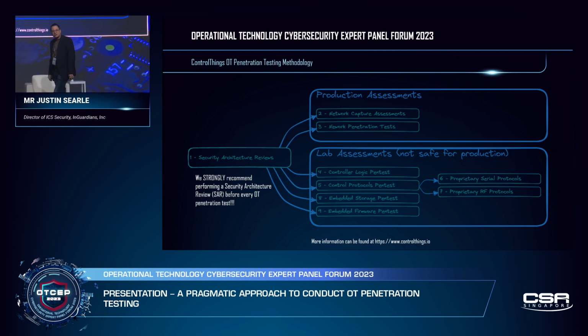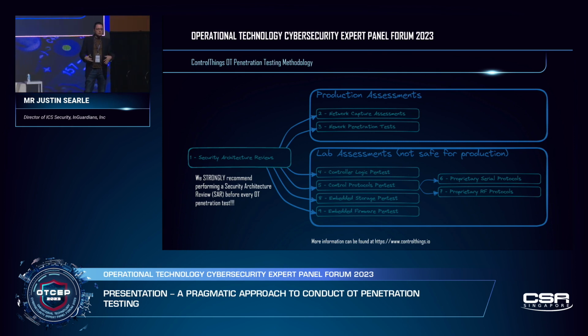My recommendation is always to think of penetration testing as two major groups. The major group at the top of this slide is our production assessments. These are penetration tests or assessments we can do on a production environment that has already been commissioned and has already passed its SAT testing, and we want to do some level of assessment or penetration test of that environment.